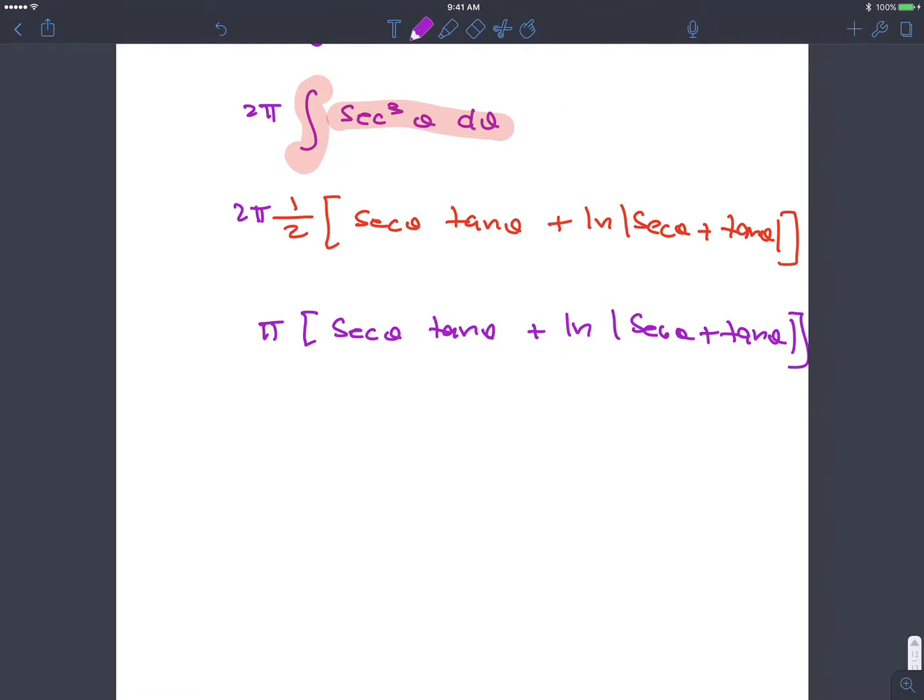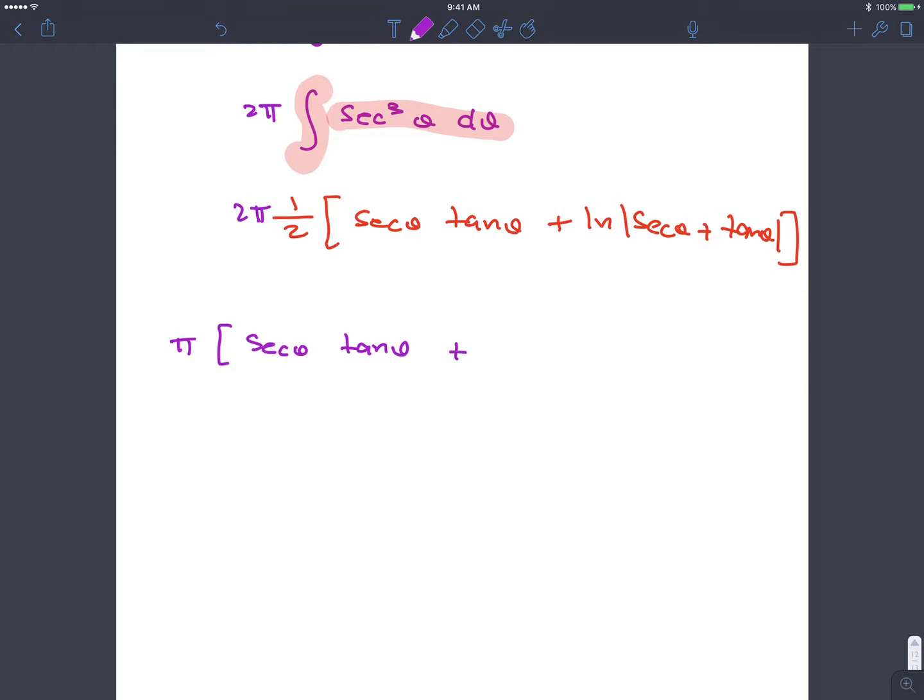Now, I got a couple of issues with this. Let me put it all over here. Pi secant theta tangent theta plus natural log absolute value secant theta plus tangent theta. Is that true?